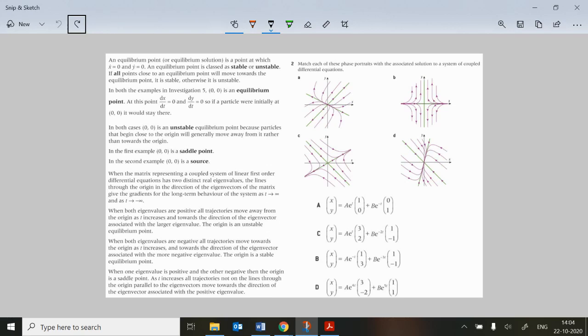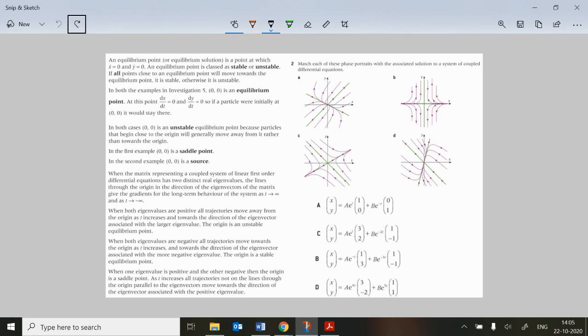There are points which you can take which will lead you back to the same position. Now, an equilibrium point is classed as stable or unstable. If all points close to the equilibrium point will move towards the equilibrium point, it is stable. Otherwise, it is unstable. Okay.